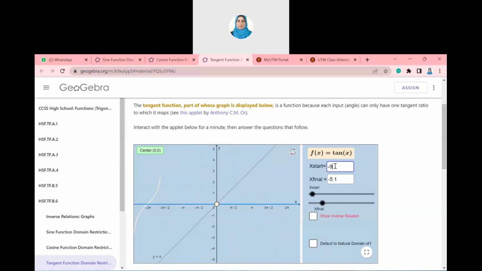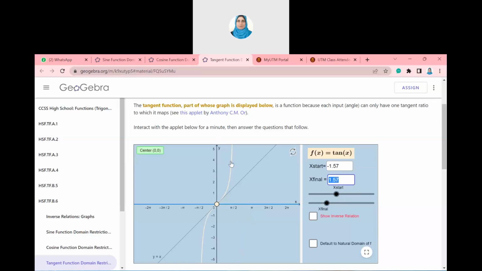To restrict the domain, sorry, from minus pi over 2 to pi over 2.